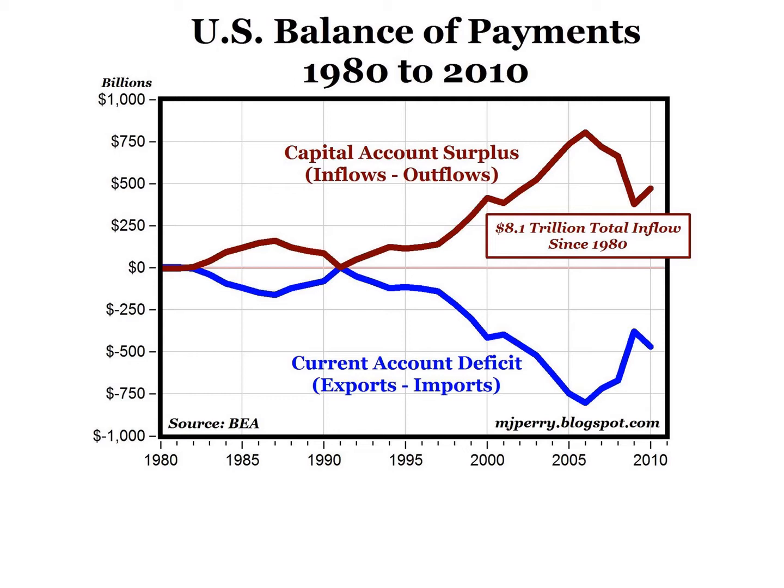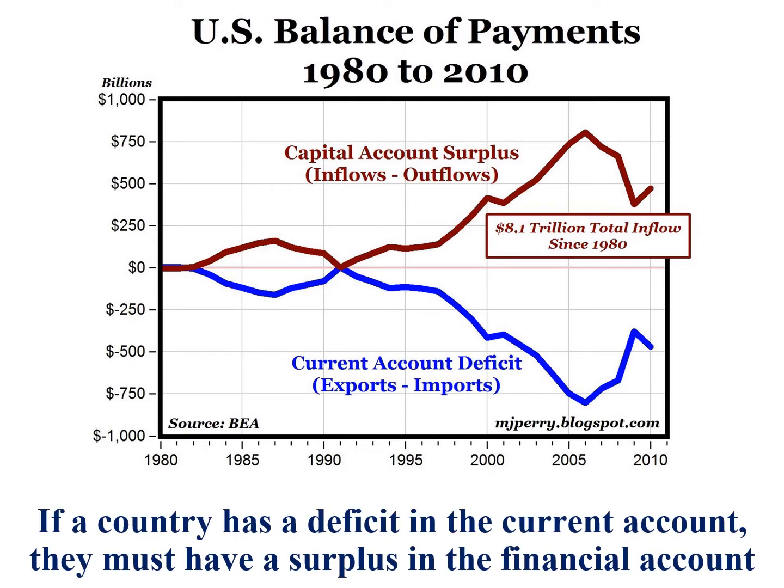The current account includes a nation's net trade, imports versus exports, its net earnings on cross-border investment, and net transfer payments or aid. The capital account consists of a nation's transactions in financial instruments.